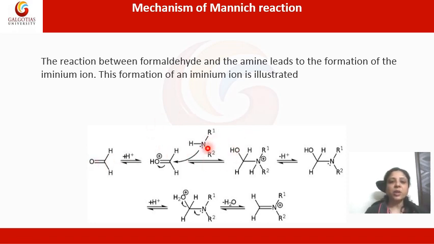Then this particular amine is attacked, this lone pair of nitrogen is attacked on this particular carbon, moving this double bond onto the oxygen. Consequently, we get a positive charge on nitrogen, which is then deprotonated to give this particular compound. So, with this series of reactions, the iminium ion is formed.